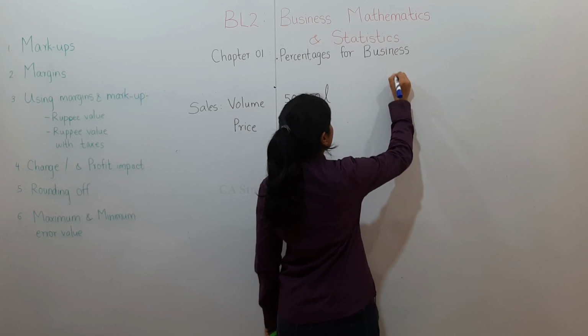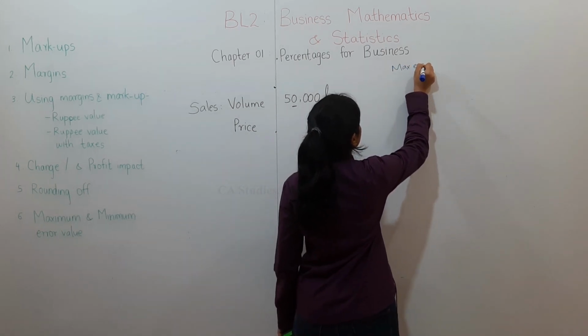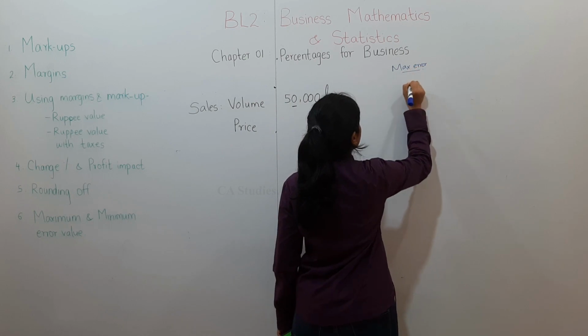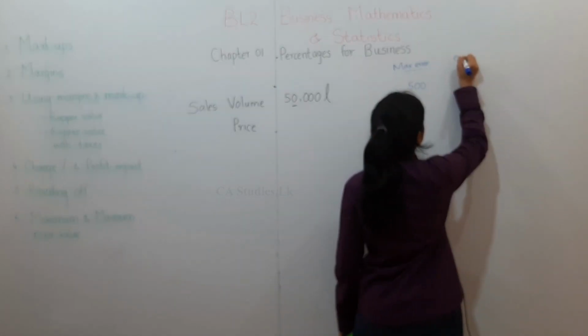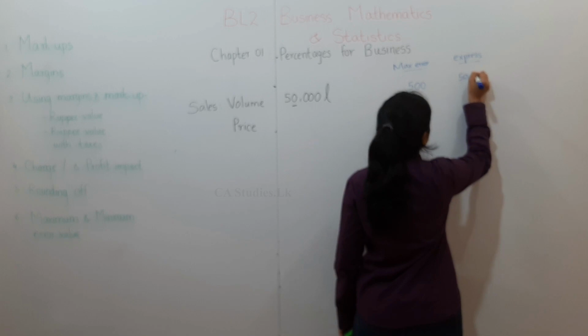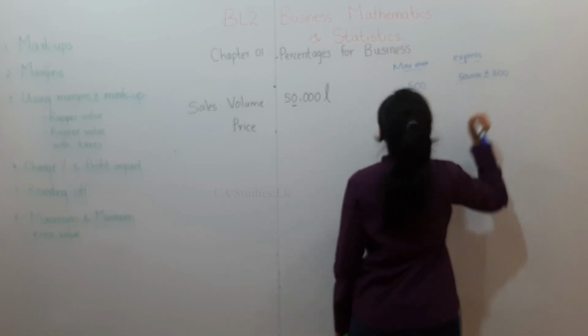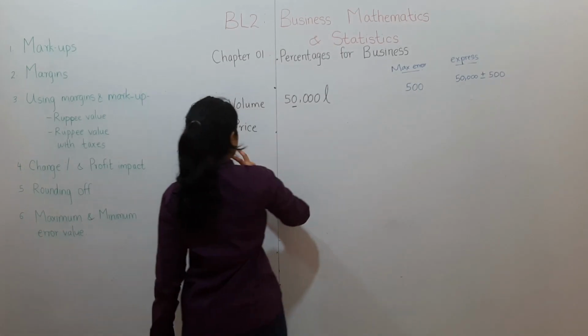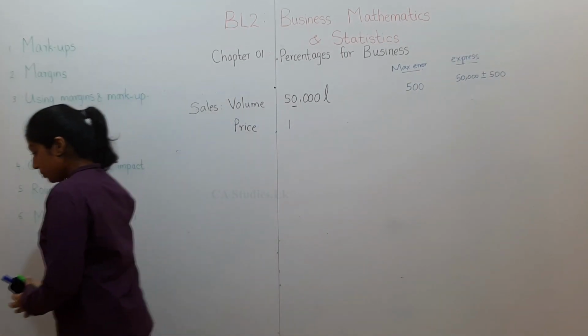So the maximum error is 500. You express it as 50,000 plus or minus 500. Next one, the price was 10 rupees.